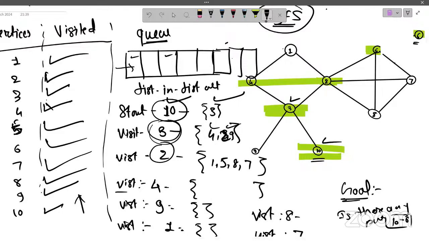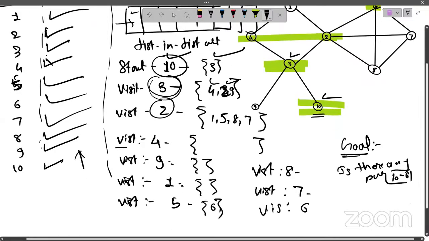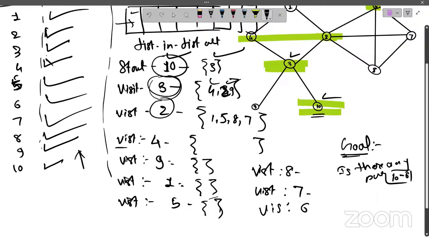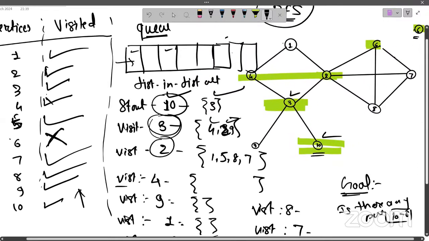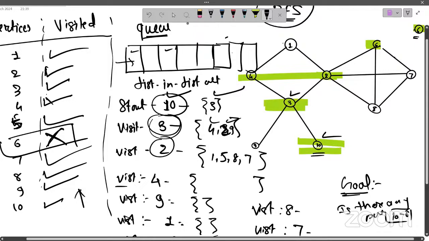So when I visit 5, I'm not able to take 6 here because there is no edge between 5 and 6. So 6 is not a neighbor of 5. So then this 6 will always be not visited, right? So BFS at the end tells that your 6 is not visited. So that means there is no path between 10 and 6 or between any vertex and that vertex 6. That's what BFS does for us.